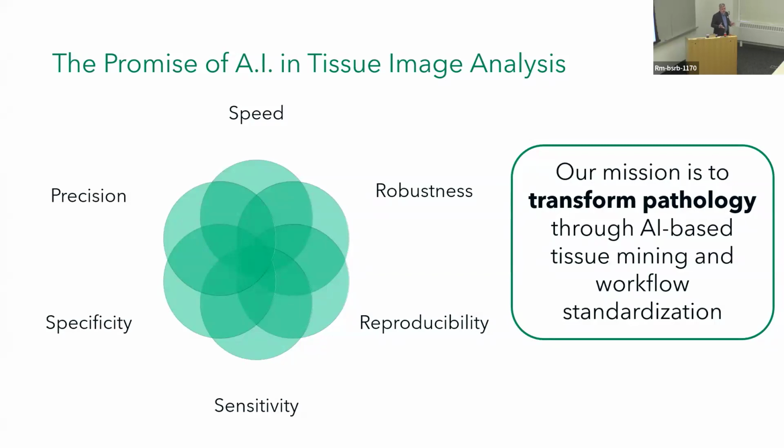At Visiopharm, we really are embracing artificial intelligence technologies in tissue analysis and tissue image analysis. The core of what we're going to talk about today is dealing with tissue slides, whole tissue data.